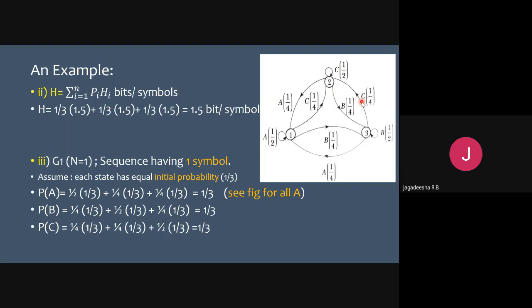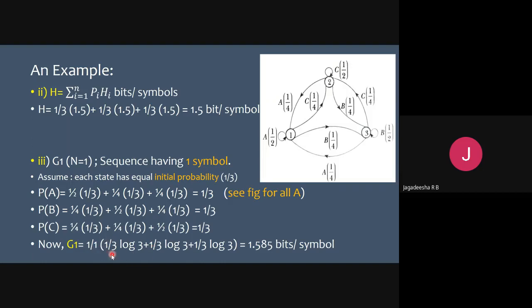This is what is mentioned here. Okay, this is regarding generating one symbol. If it is okay, then we'll find out how to calculate the total information content. So G1 is equal to 1 by n, the value of n is 1 here, and you apply the same equation that we saw.